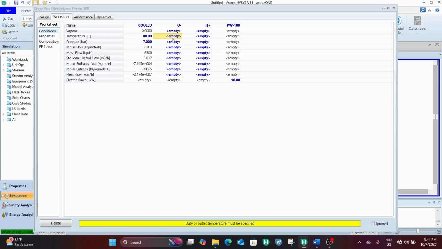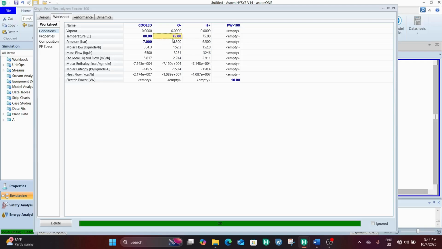So for the outlet temperature, let's say we lose about 5 Celsius in the process, so 75 Celsius, and boom. Remember, we specified a pressure drop of 0.5 bar, and that's why we're having 6.5 as the outlet. And we lost 5 Celsius, and that's why we're having 75 here.